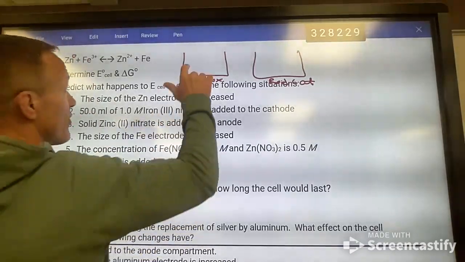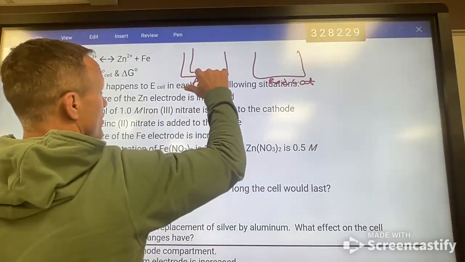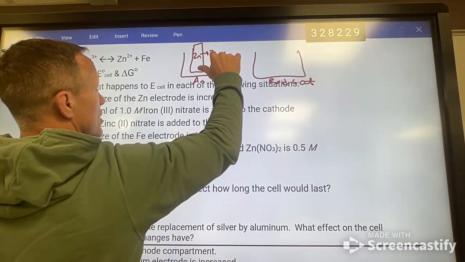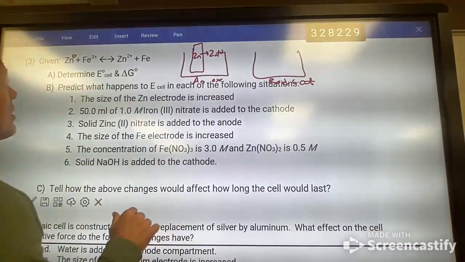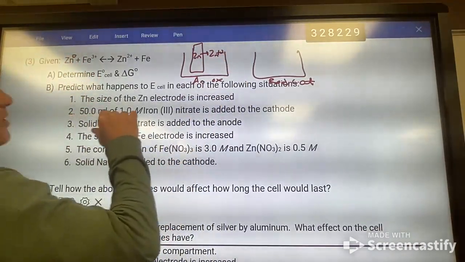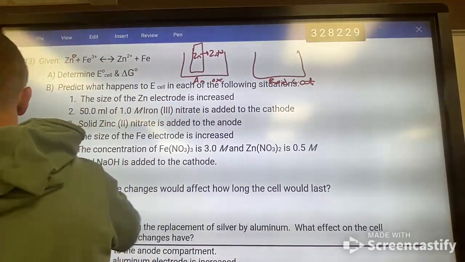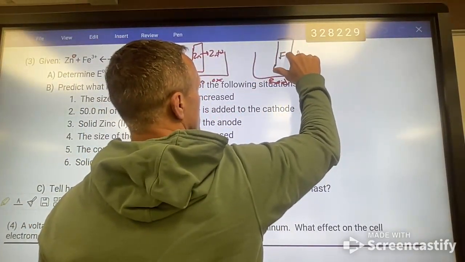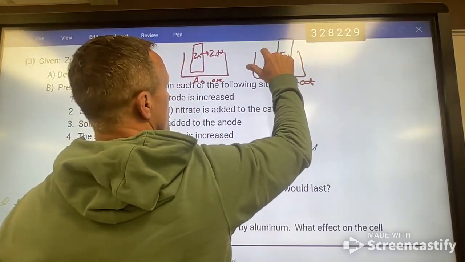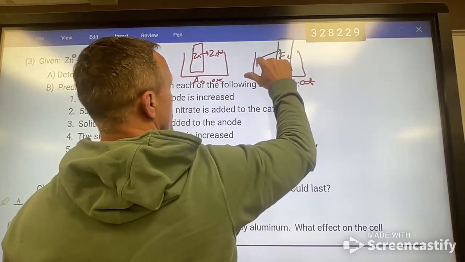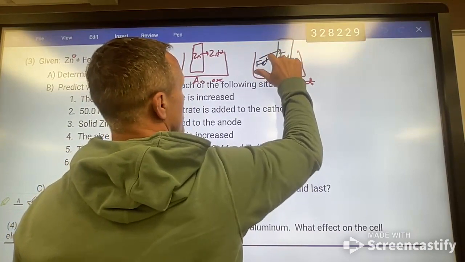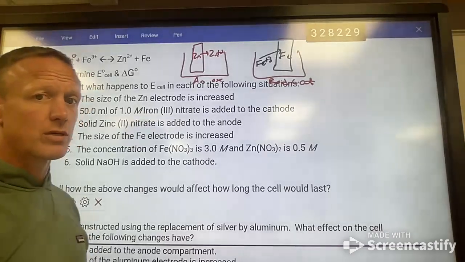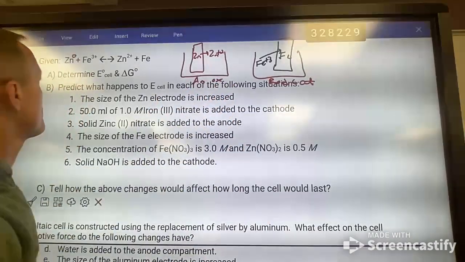So we have a solid piece of zinc turning into zinc ions. And on the other side, we have a solid piece of iron, and you have Fe+3s turning into Fe as this reaction goes. There's your oxidation, there's your reduction.